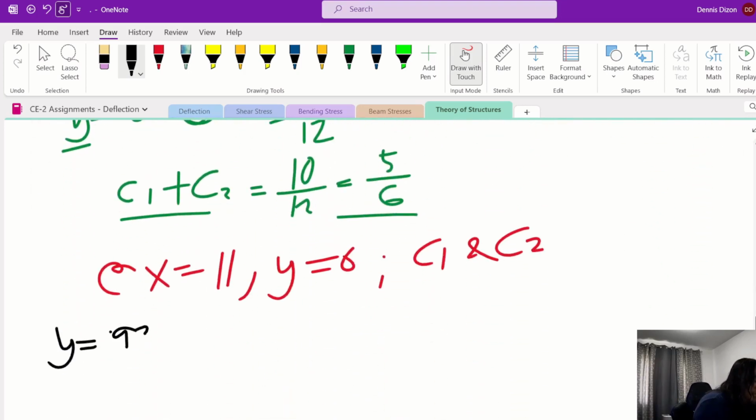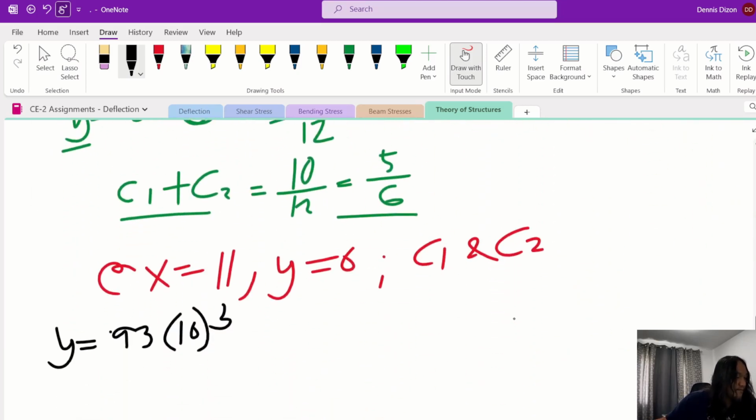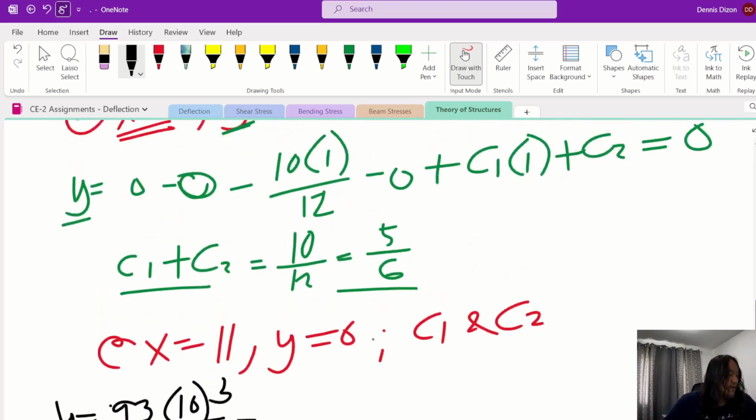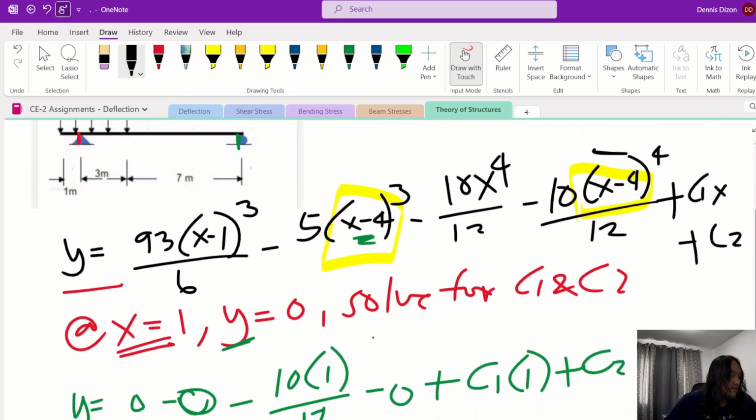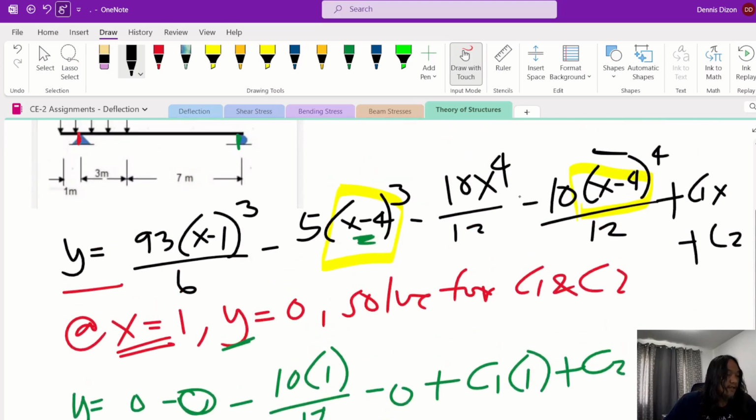So this is 93 times x minus 1 is 10, then cubed over 6, and then minus 5 times x minus 4, which is 11 minus 4 is 7, so 5 times 7 to the fourth, and then minus 10x to the fourth over 12.